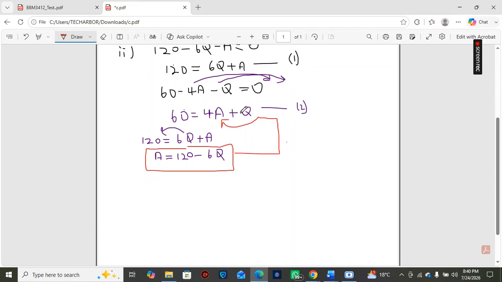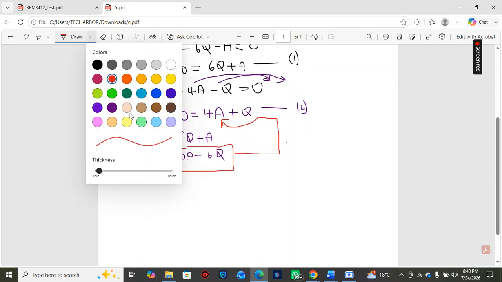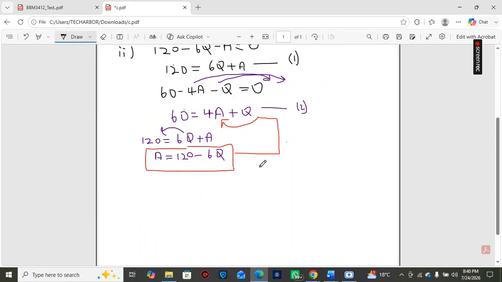So in equation 2, we're going to have 60 equals 4A plus Q. So we're going to substitute the A with 120 minus 6Q.